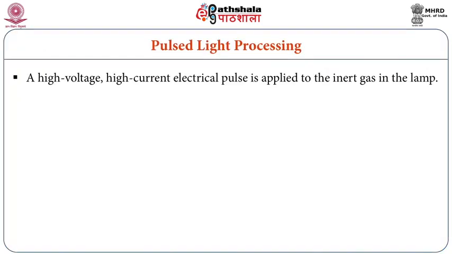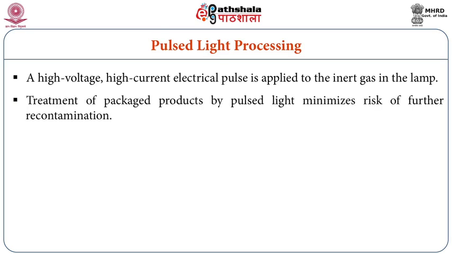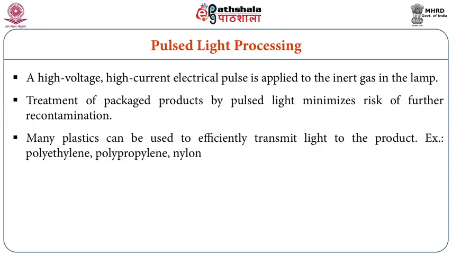A high voltage, high current electrical pulse is applied to the inert gas in the lamp. Treatment of packaged products by pulsed light minimizes the risk of further recontamination. Many plastics can be used efficiently to transmit the light to the products, for example polyethylene, polypropylene, nylon.